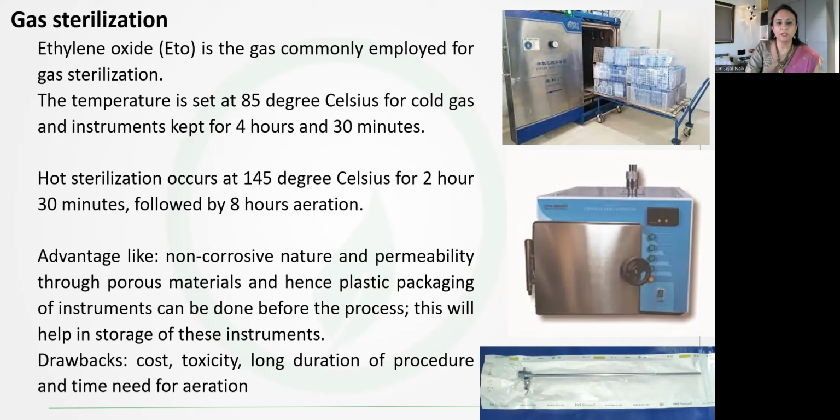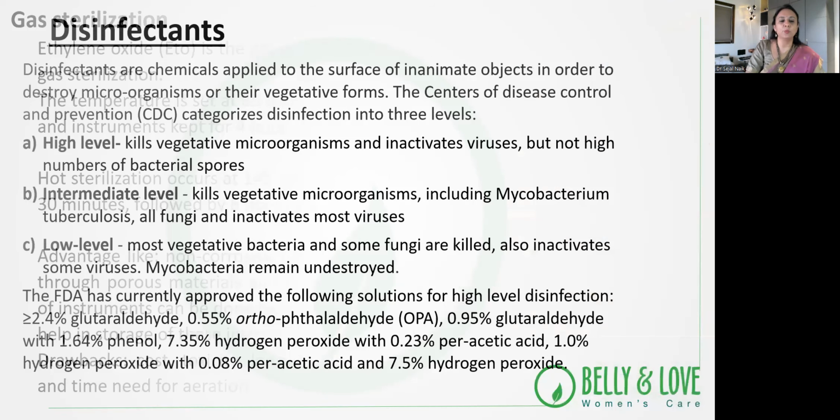Aeration is also important here. It's non-corrosive in nature, so this is the most commonly preferred way of sterilizing. It also removes the spores and mycobacteria. So this is a much more reliable way. Cost and toxicity are there with the ETO gas, and the time required for sterilization is more.